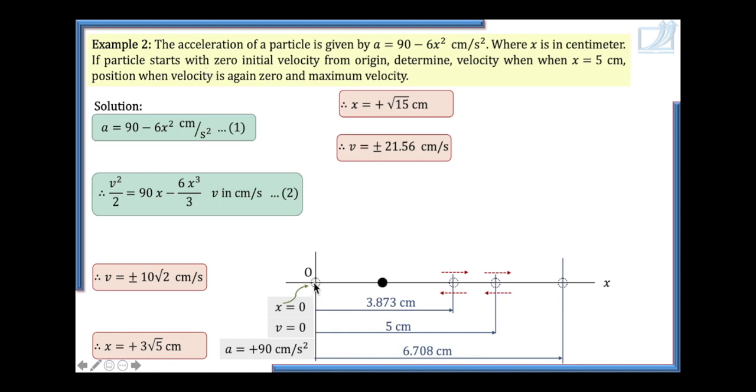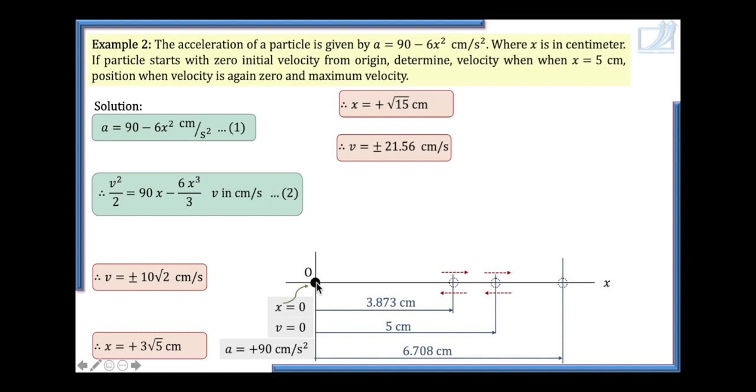So when at origin its velocity becomes 0, it changes its direction of motion again, accelerates in rightward direction, somewhere its velocity becomes maximum, then velocity reduces, it stops again at extreme position, velocity is 0, it changes its direction of motion, and this is how the particle moves or oscillates between these two extremes.